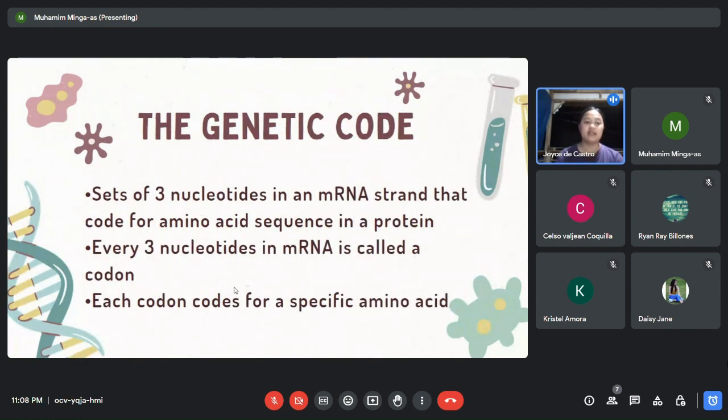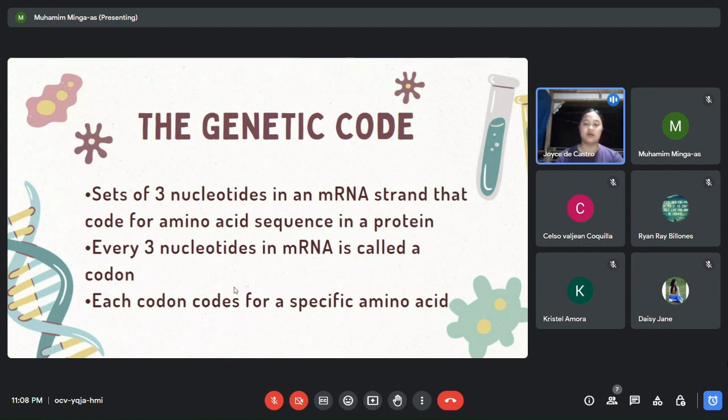So the genetic code is sets of three nucleotides in an mRNA strand that code for an amino acid sequence in a protein. The sets of three nucleotides in an mRNA strand are called codons. Each codon corresponds to a specific amino acid, forming the genetic code for protein synthesis.